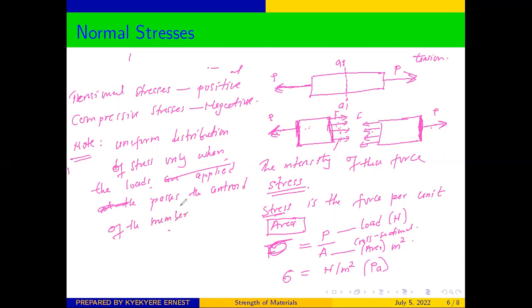If the loads are not passing through the centroid of the member, then the distribution is not going to be uniform as we have here.